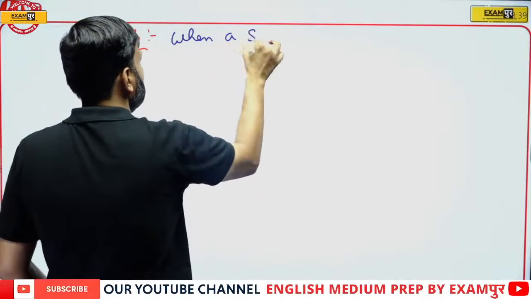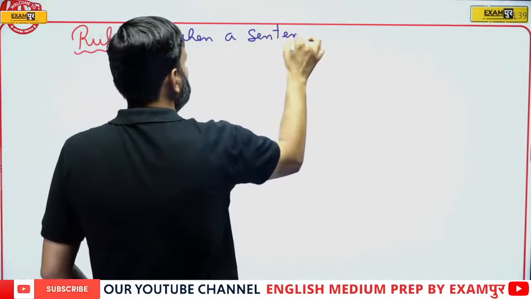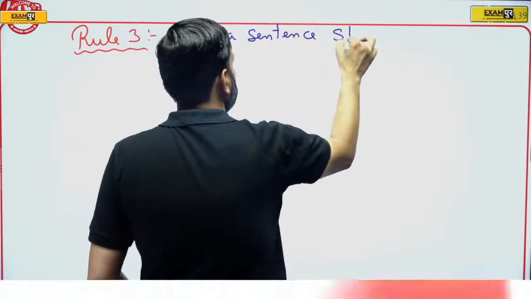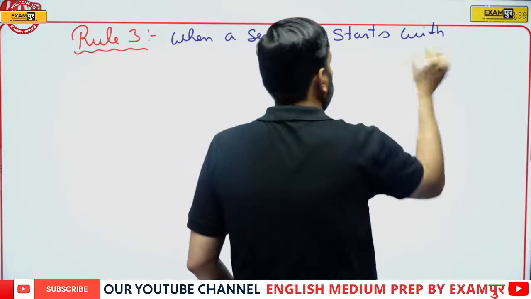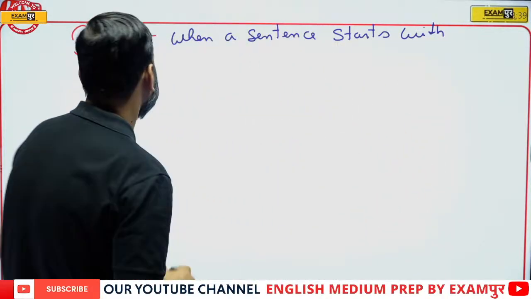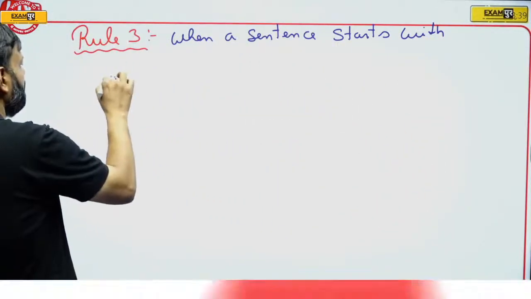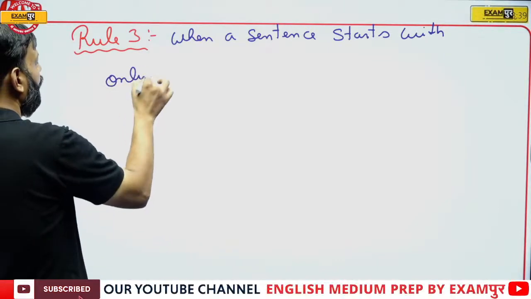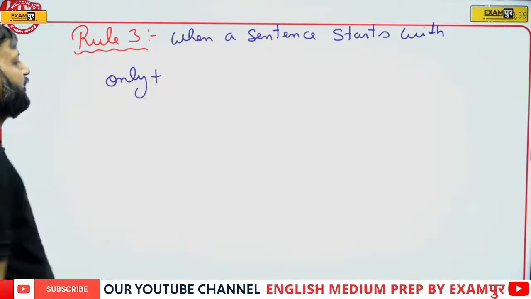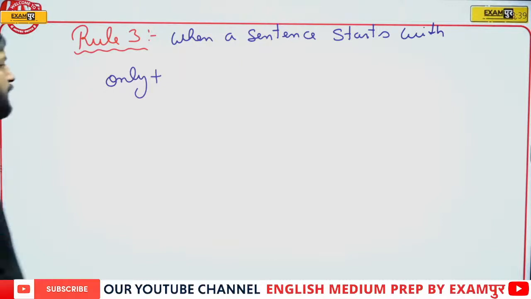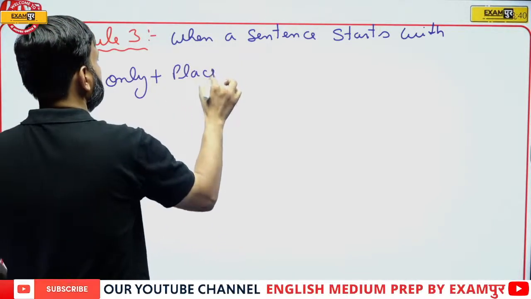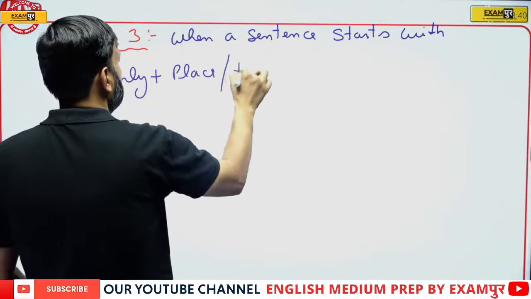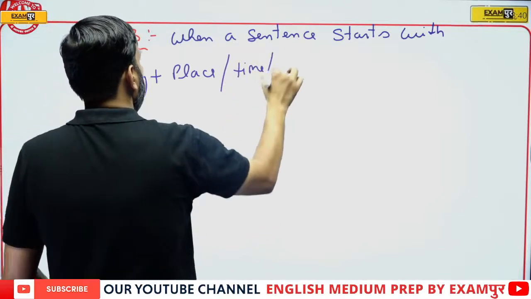When a sentence starts with only plus place, time or manner, the verb inverts.